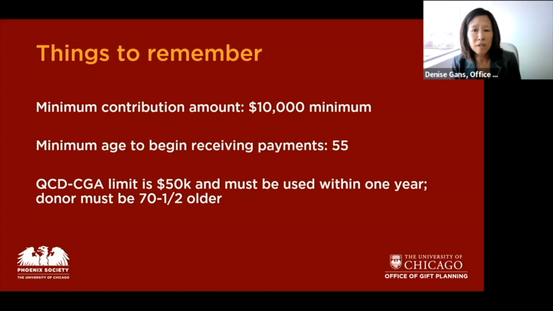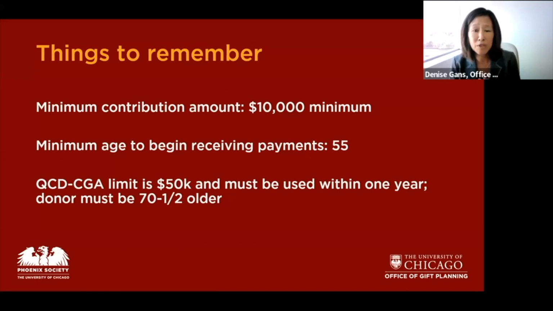There are several parameters and requirements around this new opportunity to fund a gift annuity with a QCD. I mentioned that the limit is $50,000, and in fact, that $50,000 amount, if you want to take advantage of the full amount, has to be used within 1 calendar year.